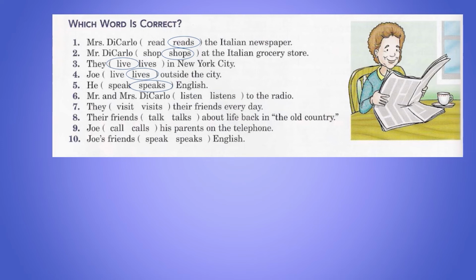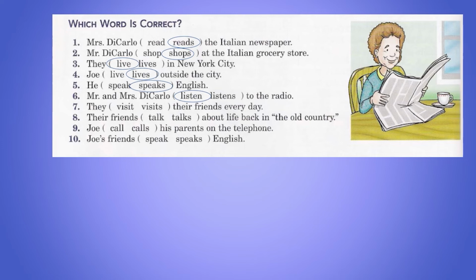Number 6. Mr. and Mrs. Dicarlo listen to the radio. The answer is listen. Mr. and Mrs. Dicarlo listen to the radio. Number 7.